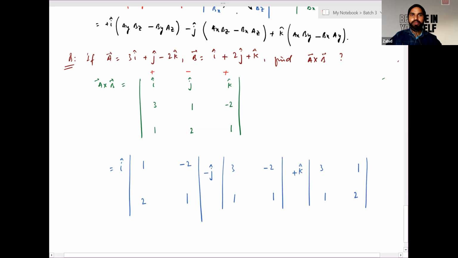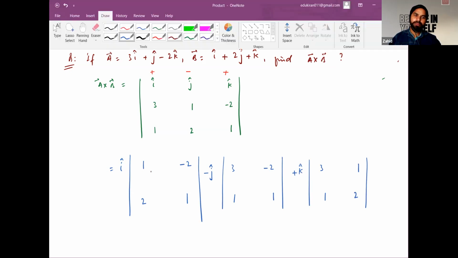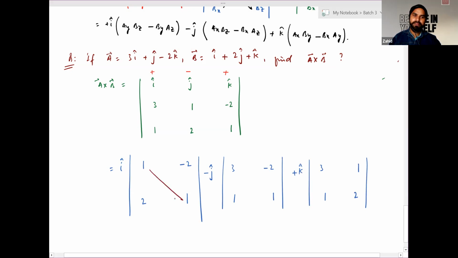Now, on going from top to bottom, it will be positive, but going from bottom to top, it will be negative. So this will be positive, and this will be negative. This will be positive, and this will be negative. So now just simplify it.